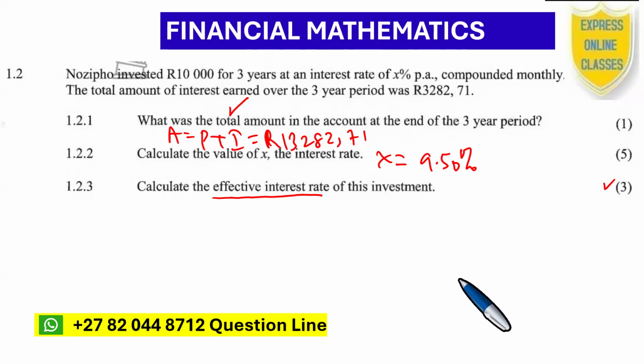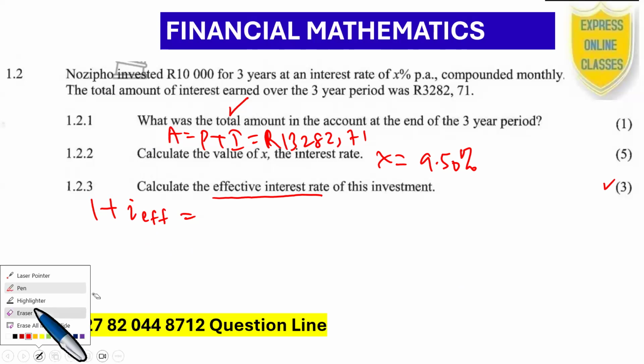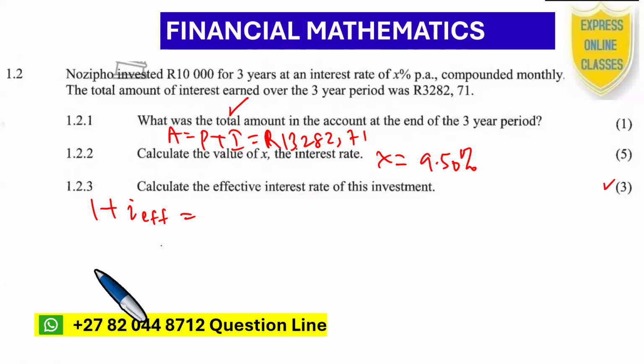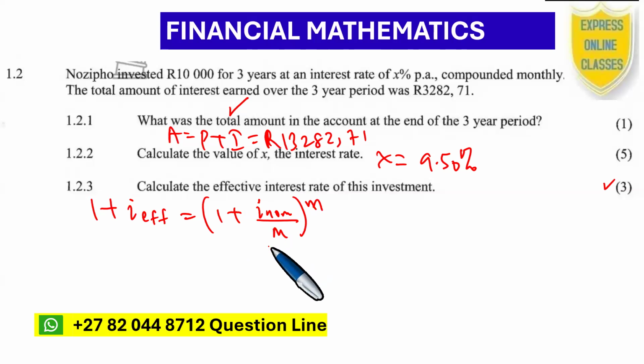9.92%. Okay. Right, well done. Great. The effective rate, 1 plus i effective, is actually always, but always, the same as 1 plus i nominal divided by m, raised to the mth power.